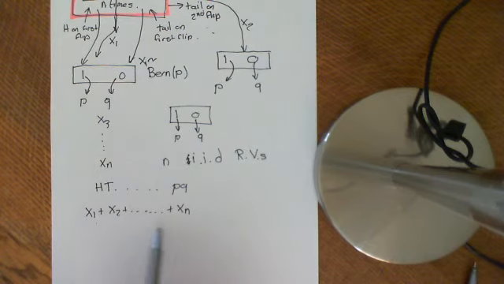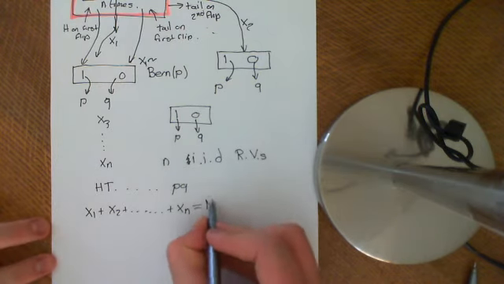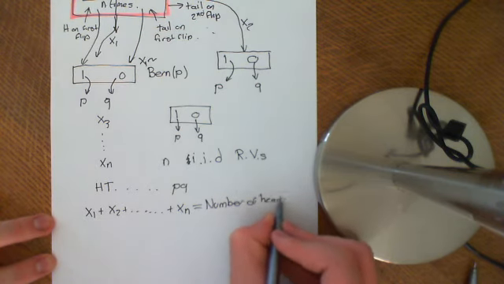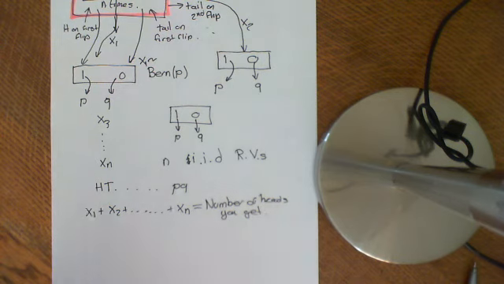The value of this will be the number of ones you get, which is the number of heads you get. So we could ask, how is this distributed? And we'll continue this video in the next part.